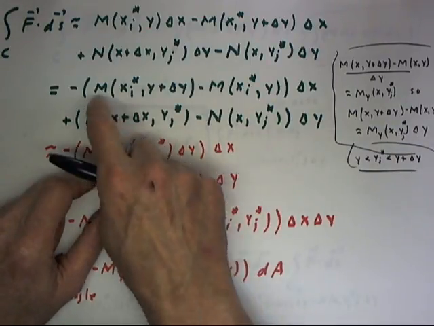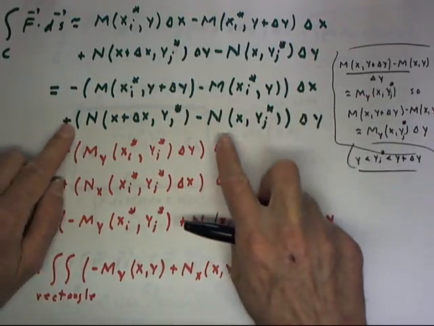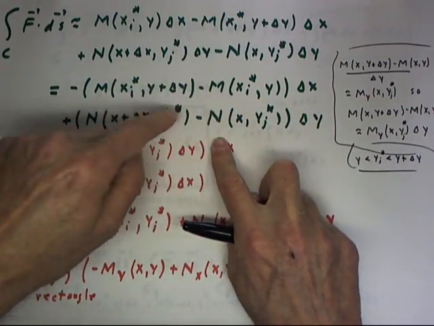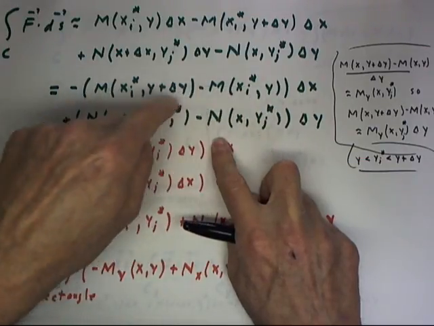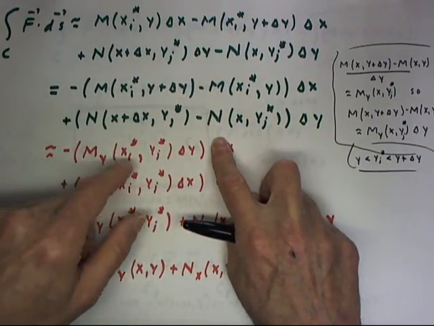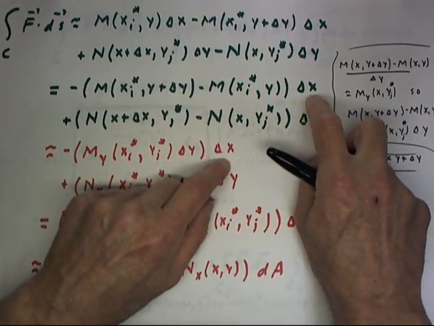So this expression here is approximately m_y of xi star, yj star, again yj star just being somewhere between y and y plus delta y, multiplied by delta y, and of course that's multiplied by our delta x.